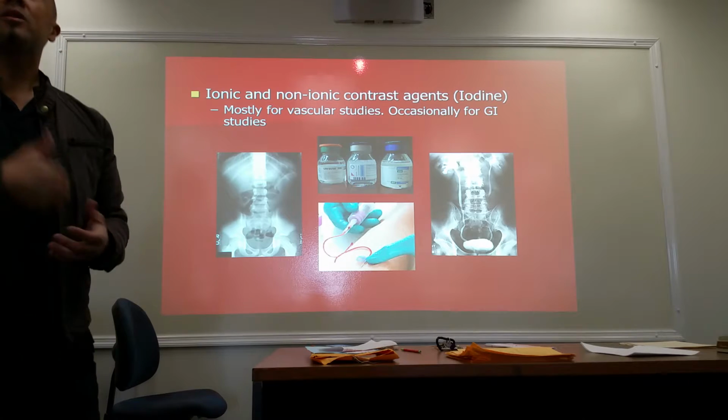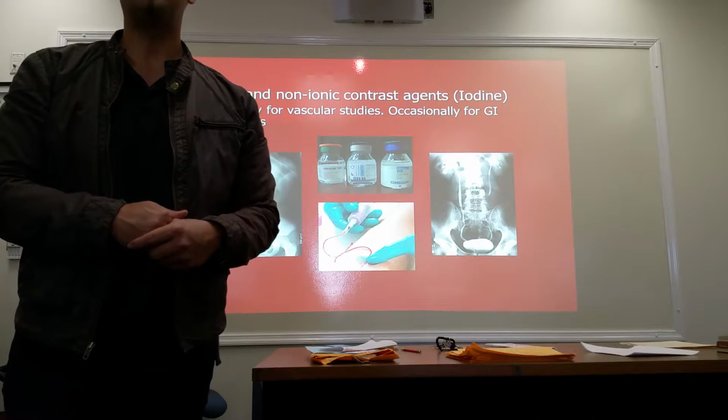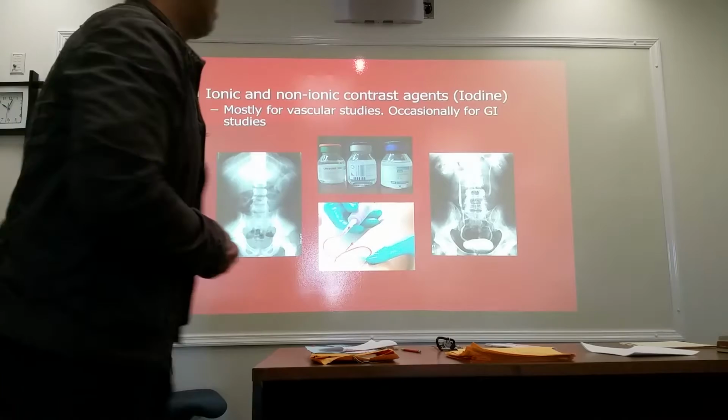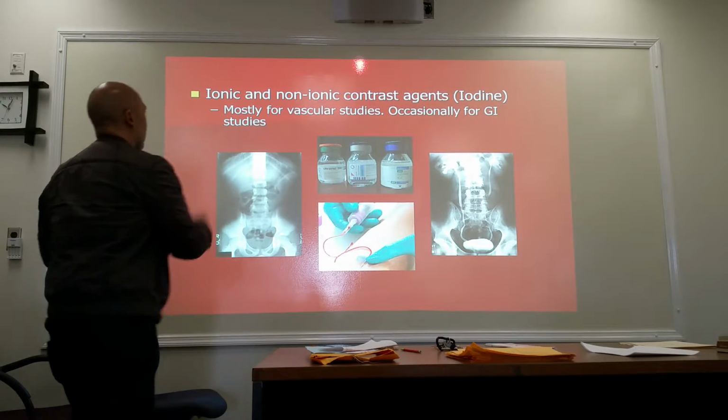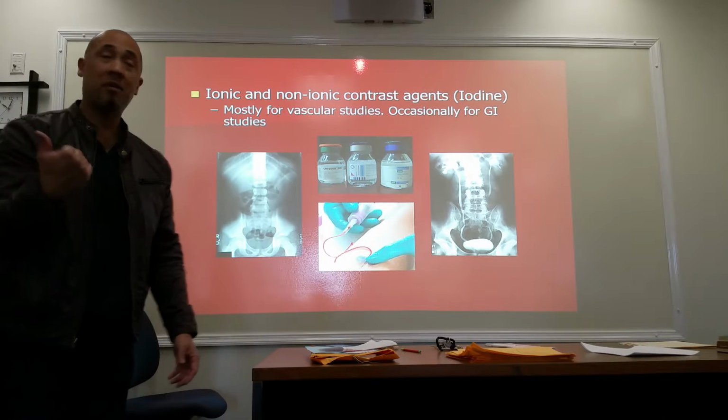The other type of contrast that we use is iodinated contrast. When I say iodinated, what's the main component in this contrast? Iodine. Iodine comes in 2 different forms, and we're going to be talking about this later on.